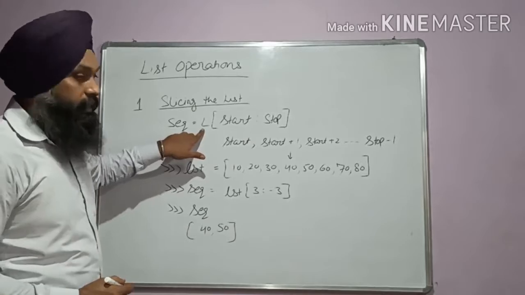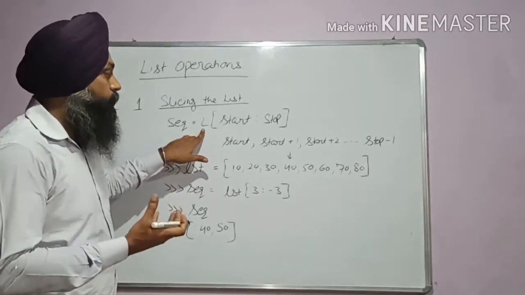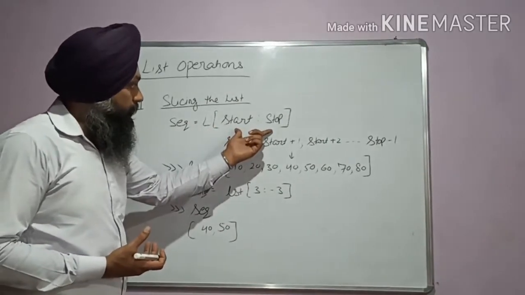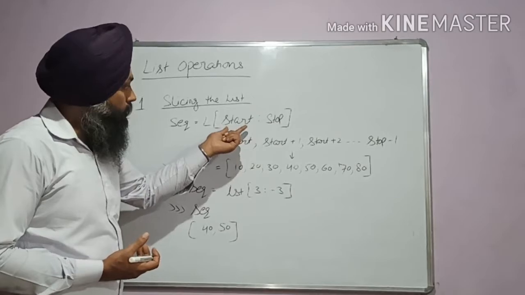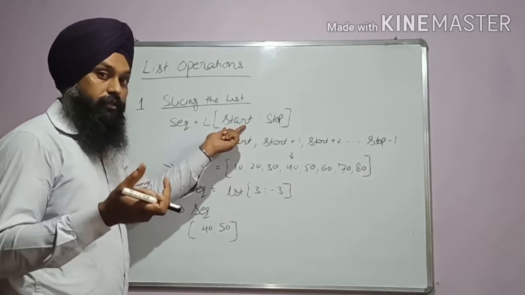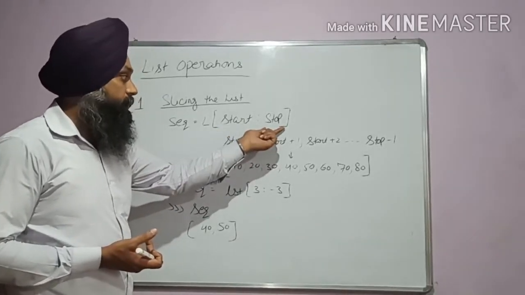Suppose we have a list L and we want to extract some part of this list by specifying these indexes. This is the start index from where we start our slicing, and this is the last index of the slicing.